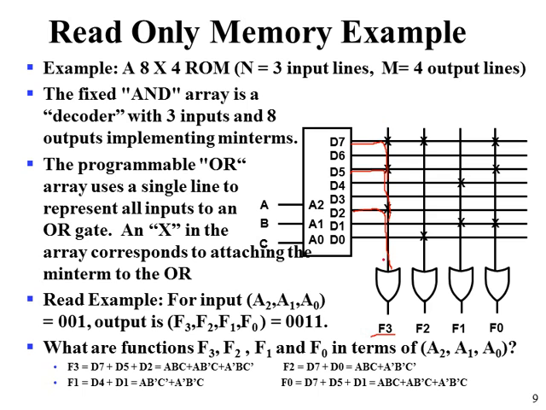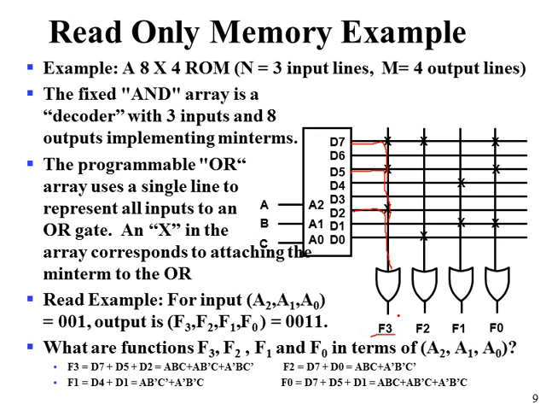Remember, this one single line is actually 8 lines. So this OR gate physically has 8 inputs, but only 3 inputs are receiving signals. So F3 is D2 or D5 or D7. What is D2? D2 is when ABC is 0, 1, 0, which means A not, B, C not.